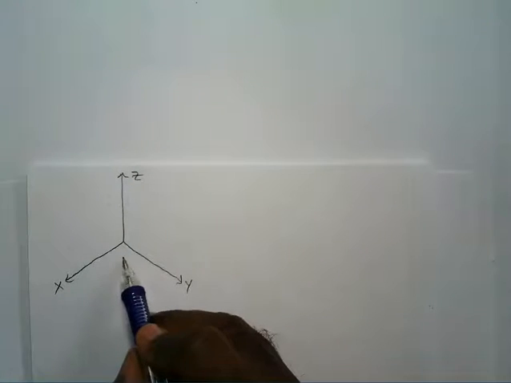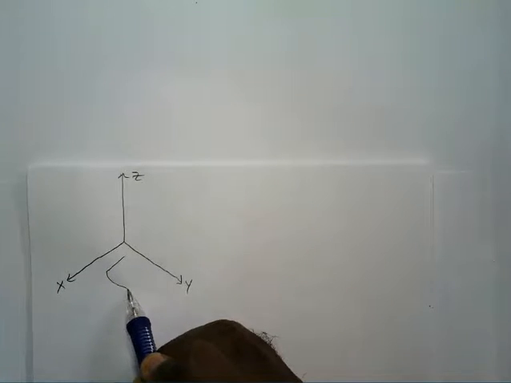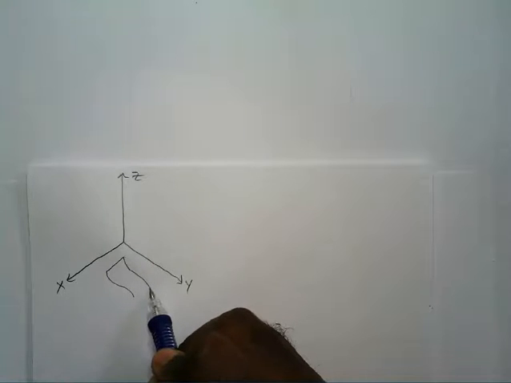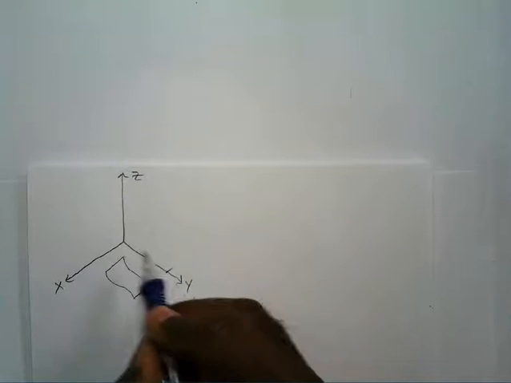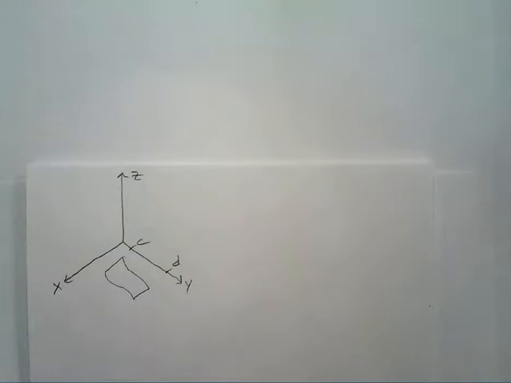This time you have a function that looks kind of like that, where this value is c and this value is some y equals some number d.